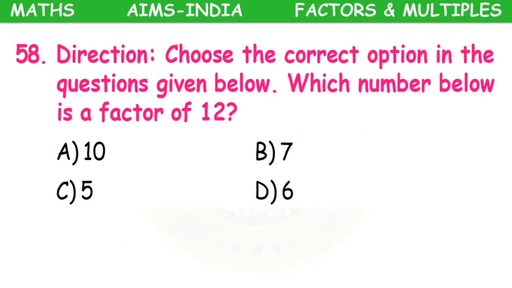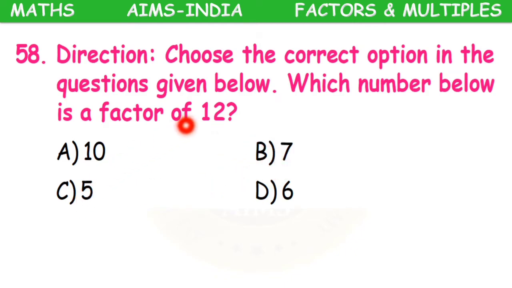Okay. Next question, 58. Choose the correct option in the questions given below. Which number below is a factor of 12? Now again, what is a factor? A factor is a number that divides our 12 exactly. Does 10 divide 12 exactly? No. Does 7 divide 12 exactly?